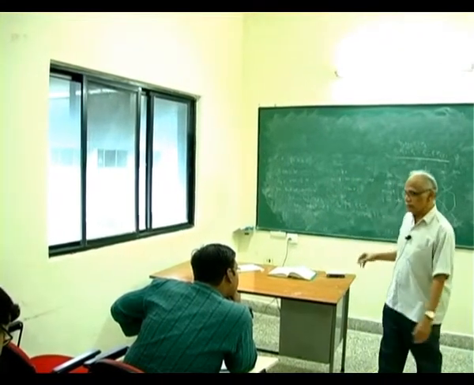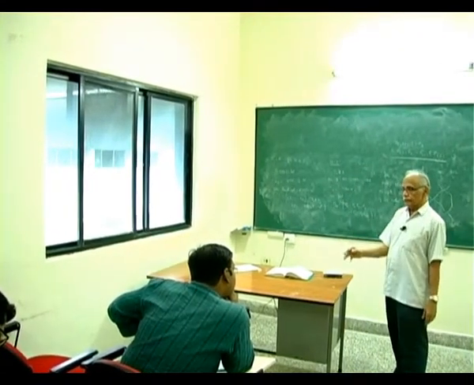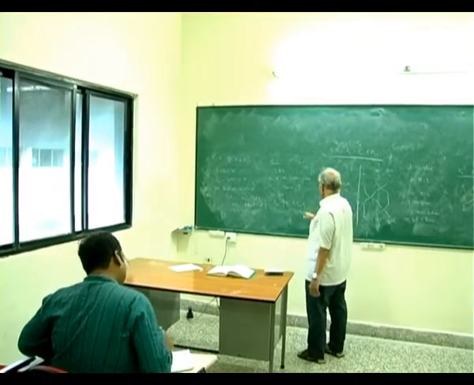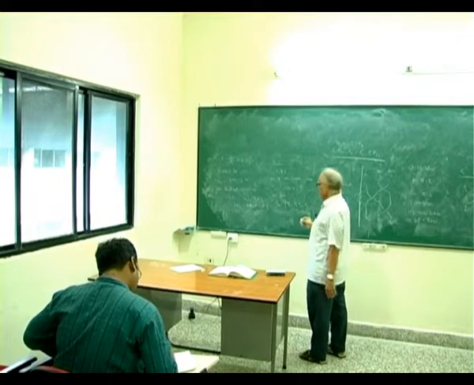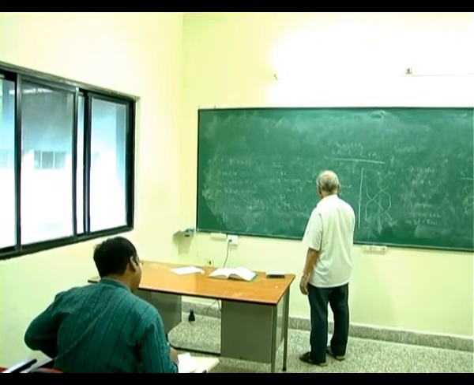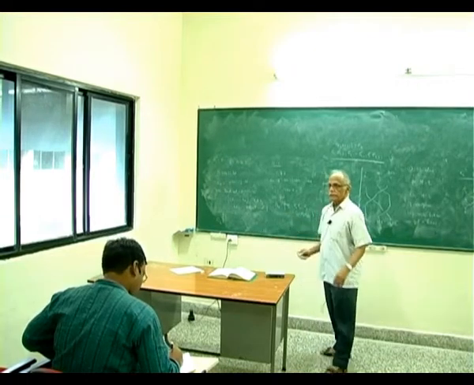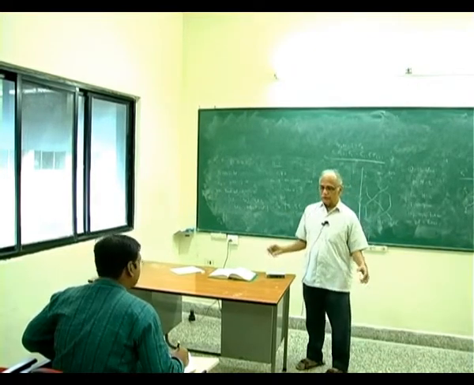For example, sigma I squared. Sigma I is a permutation. So sigma I squared, you get fractional statistics. If sigma I squared is not identity, that means it's not fermion or boson.